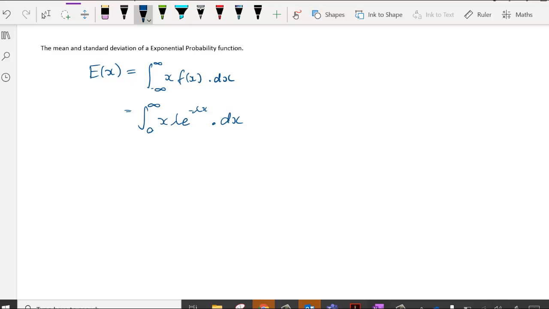So this is all with respect to x. Now this itself is actually a by parts integration. If we look at this as a by parts integral, we know that u will be equal to x, using LIATE, du/dx will be equal to 1, dv/dx will be our second function, which is lambda e to the negative lambda x, and v will then be the integral of this, so we'll end up with negative e to the negative lambda x.